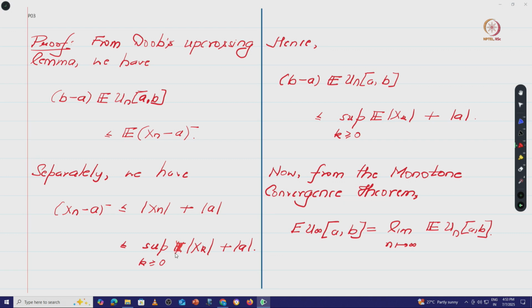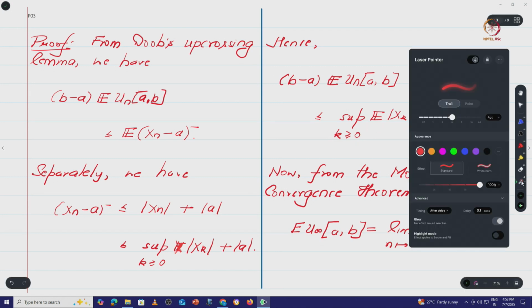So (Xn minus a) minus is less than the absolute value of Xn, and that is less than the supremum over k of the absolute value of Xk plus the absolute value of a. Because you have this inequality, we can take expectations on both sides to conclude that (b minus a) times the expected value of UNAB is less than the supremum over k greater than or equal to 0 of the expected value of Xk plus a.